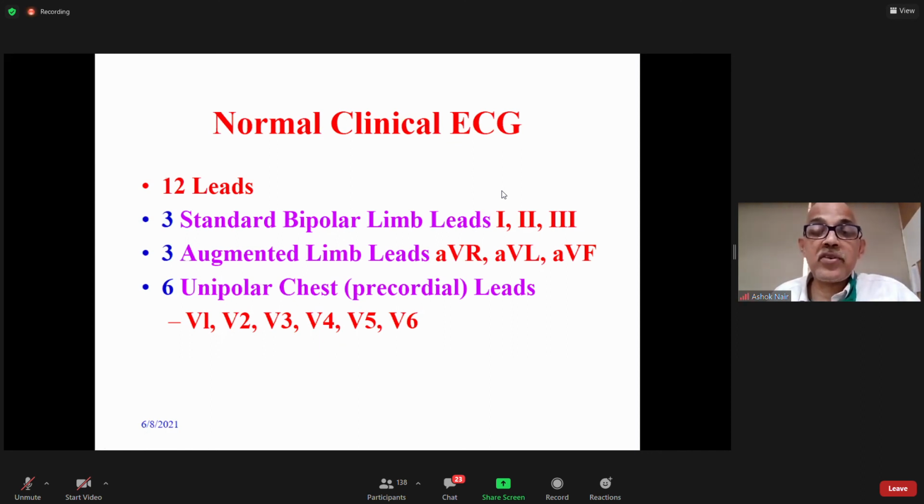So in a normal clinical ECG, 12 leads are there. In this, 6 are limb leads and 6 are chest leads. The limb leads are 3 standard bipolar limb leads, lead 1, 2, 3, 3 augmented leads, AVR, AVL, AVF, and 6 unipolar chest leads, V1, V2, V3, V4, V5, and V6.